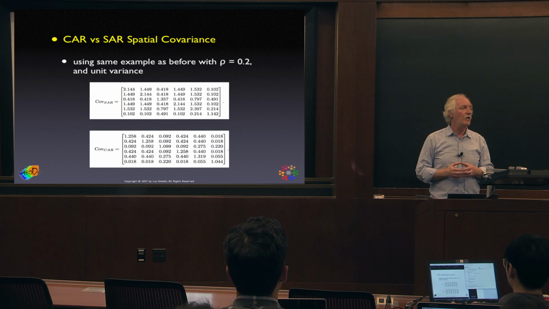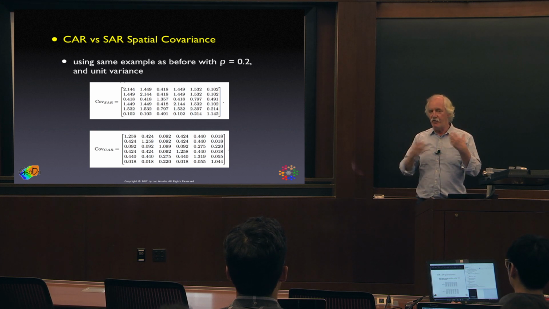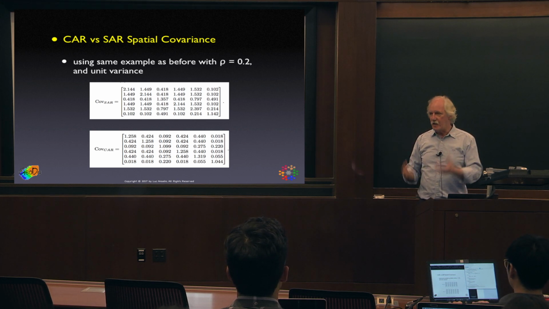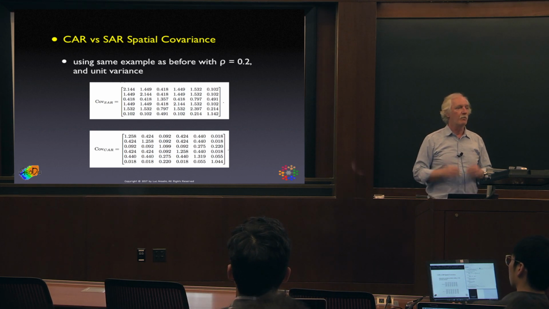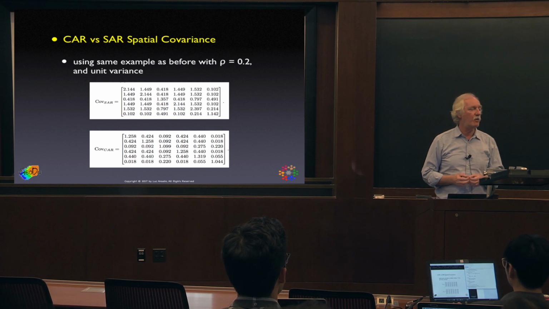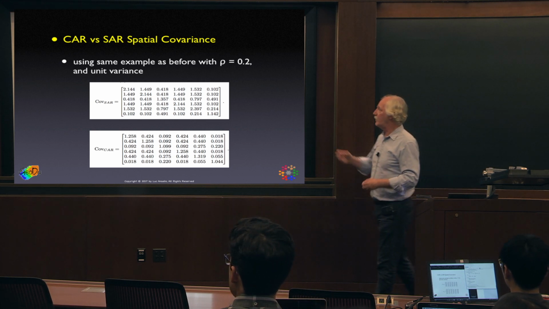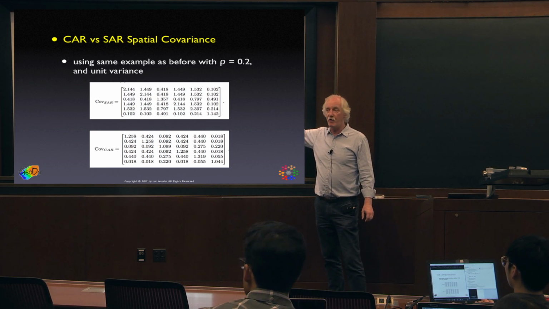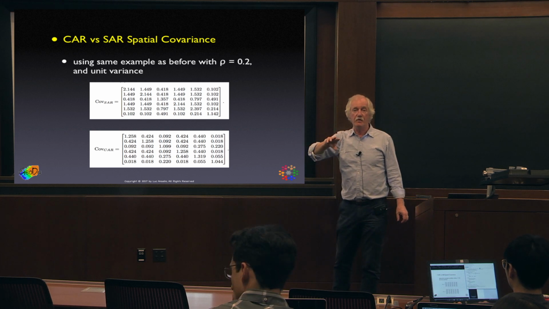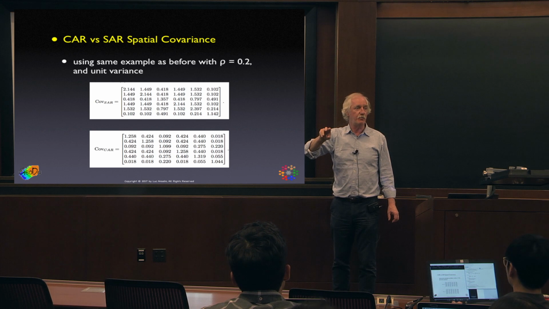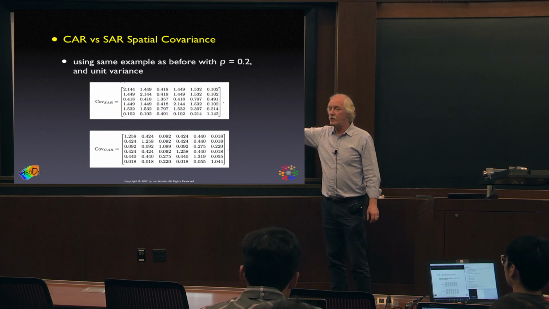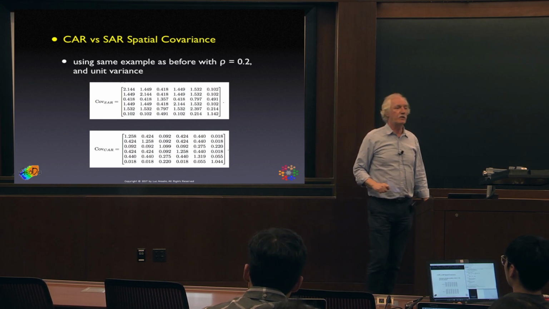The thing to know is that, everything else being the same, there's less spatial dependence in a CAR model than in a SAR model. Both have the heteroscedasticity problem. Both have the problem that even though you start with a very sparse representation, the Markov random field has only a few neighbors, very sparse, you end up with a dense variance-covariance matrix.